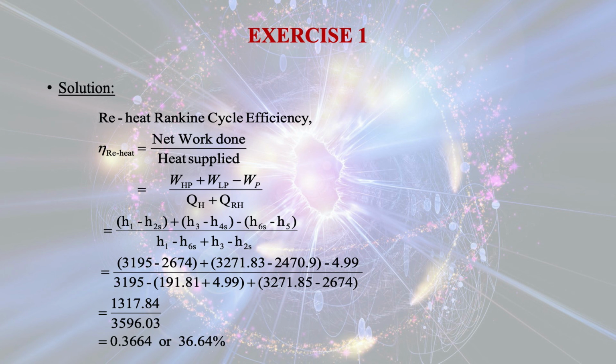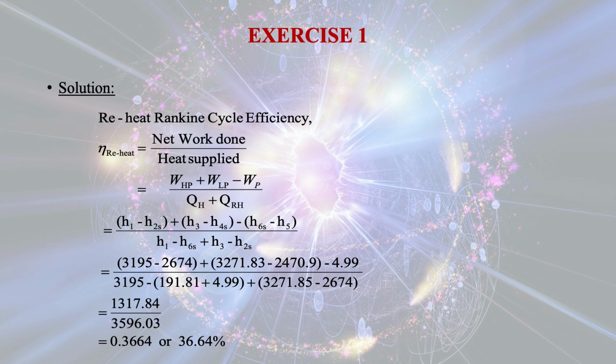So the net work done is equal to W high pressure turbine plus W low pressure turbine minus the work done by the pump. W high pressure turbine is nothing but H1 minus H2S, W low pressure, the work done by the low pressure turbine, is equal to H3 minus H4S, and minus WP.